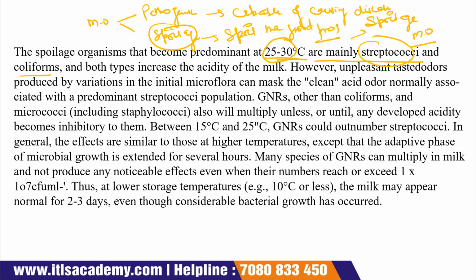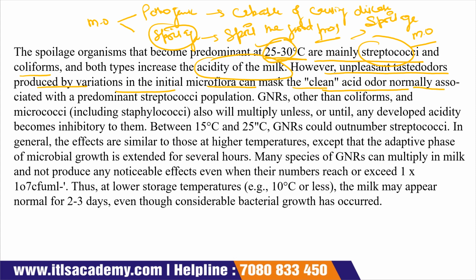Okay, so these spoilage microorganisms, streptococci and coliform, are predominant at the temperature range of 25 to 30 degrees Celsius, and they both increase in number when the acidity of the milk increases. However, unpleasant taste and odor produced by a variation in the initial microflora can mask the clean acid odor.